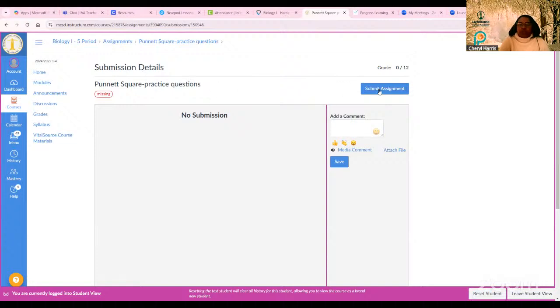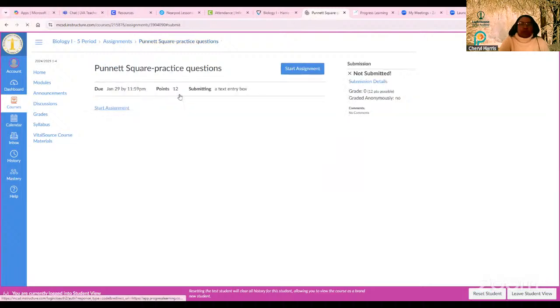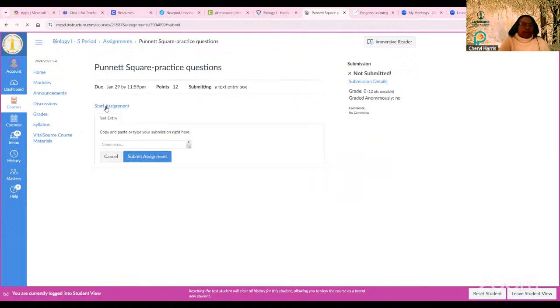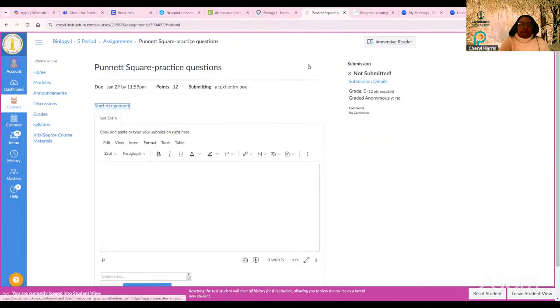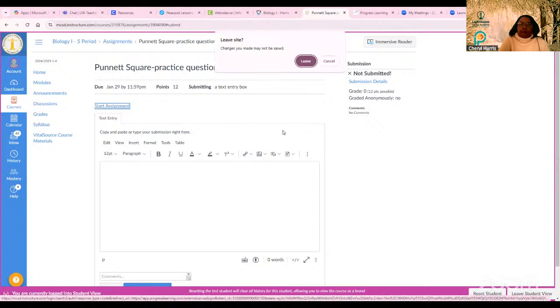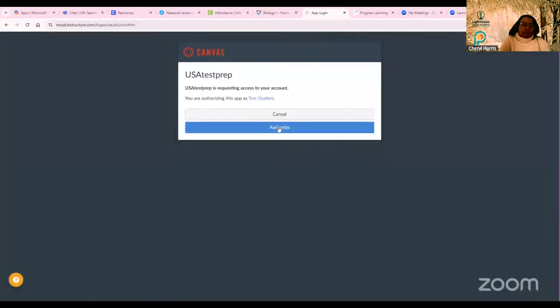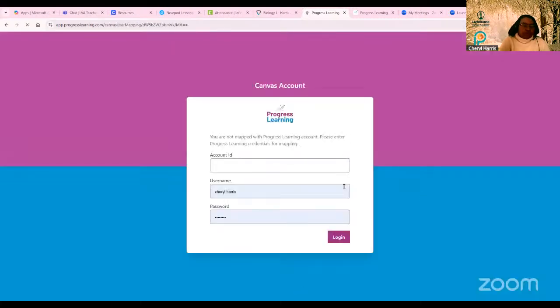You click on start assignment. Mine looks a little different because I'm a teacher, but when you start the assignment, it should take you to the Canvas version of Progress. This is going to log in as me; you want to log in as you.